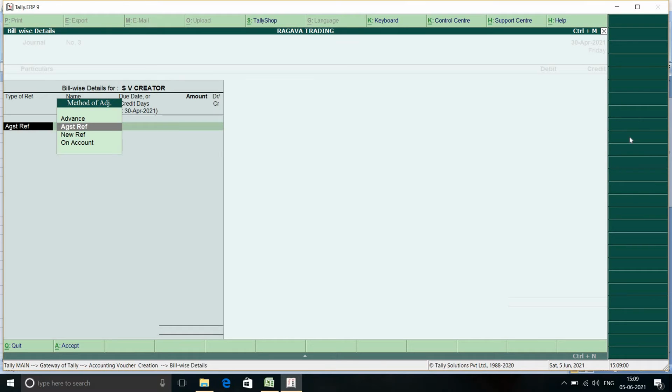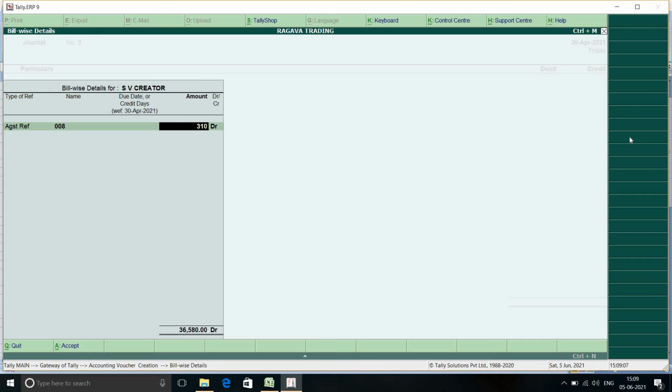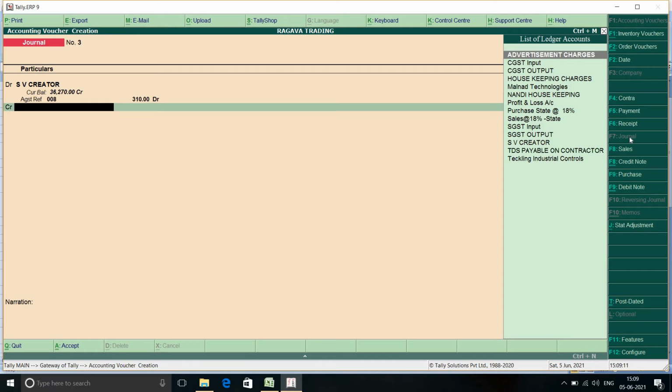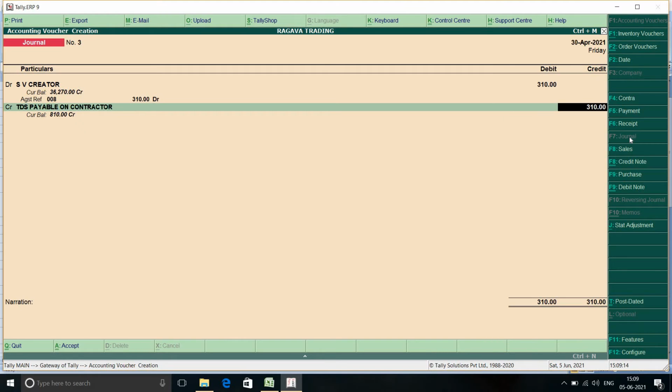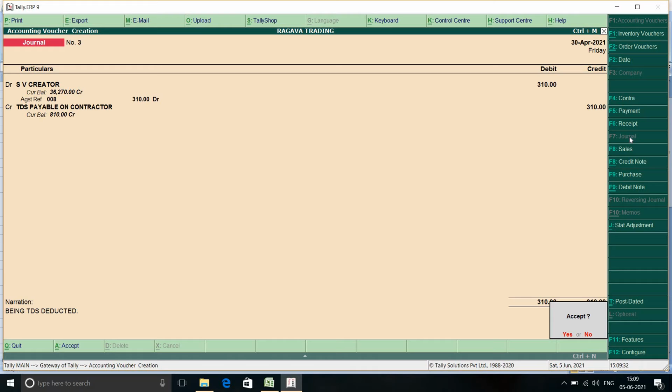SV Creator account debit 310, credit TDS payable on contractor. Being TDS deducted.